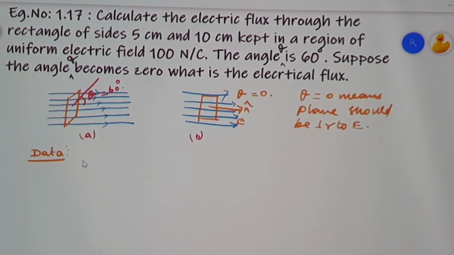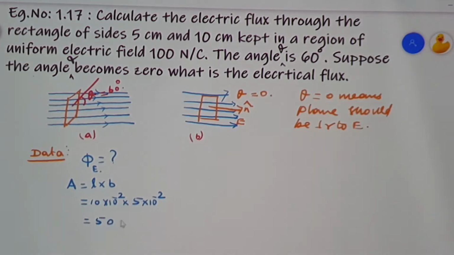Calculate the electrical flux. So you have to calculate the electrical flux phi E. Rectangle of sides 5 centimeter and 10 centimeter. So let us consider the area, length into breadth. Length is 10 into 10 to the power of minus 2, into breadth 5 into 10 to the power of minus 2.